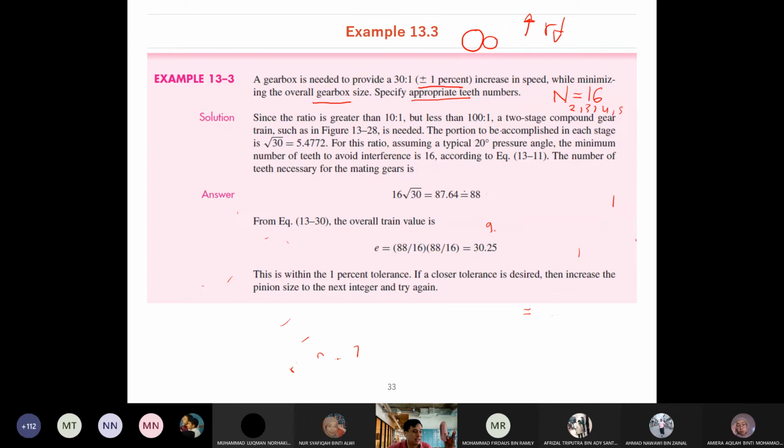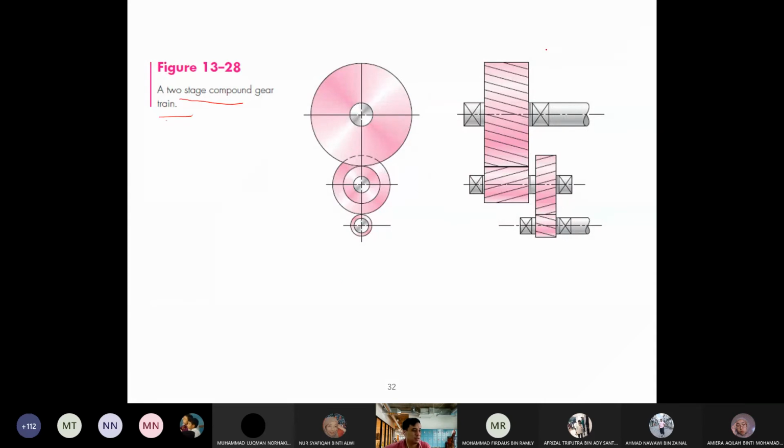So dah tahu dah kan. So in that case, the way we do it, saya pergi ke sini. Okay, alright. So kita tahu kita ada 2 compound stage. Okay, E untuk compound stage adalah E yang first stage ni darab dengan E ni, dapat dengan total number of E, which is 30.